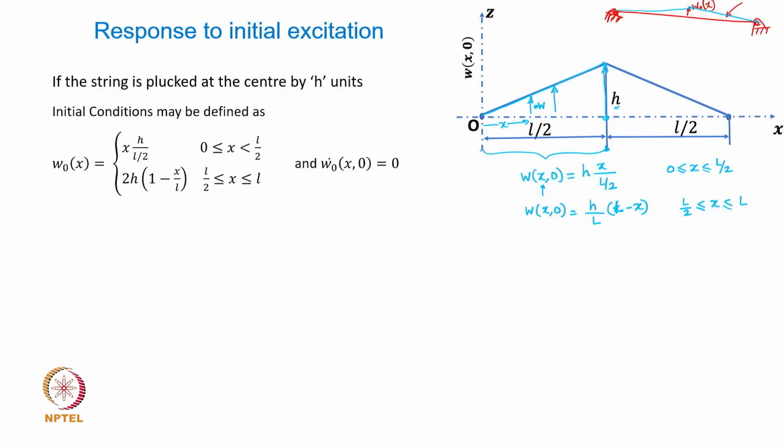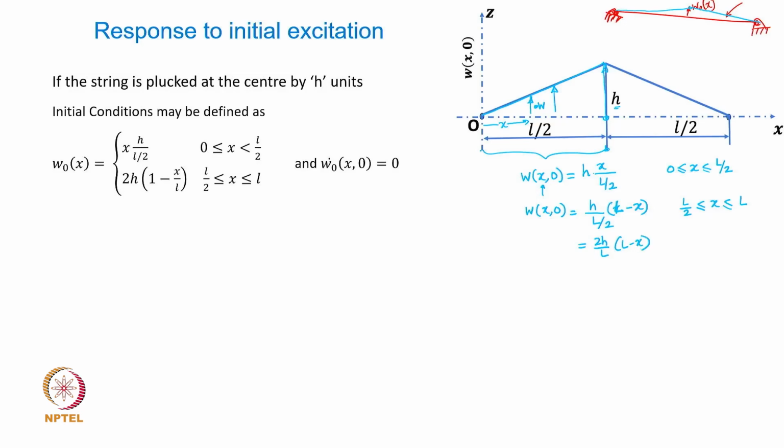That is how this function is going to look. That is the initial displacement that you impose on the string at t equal to 0.